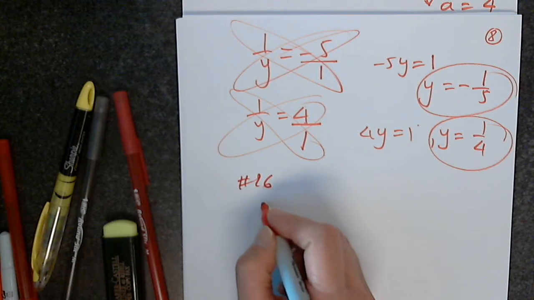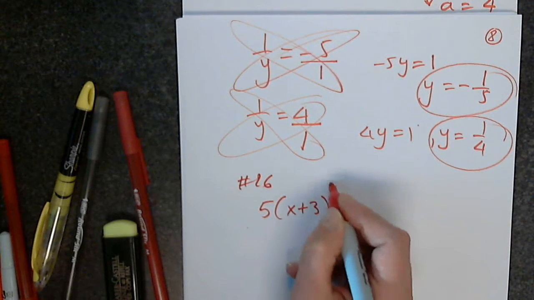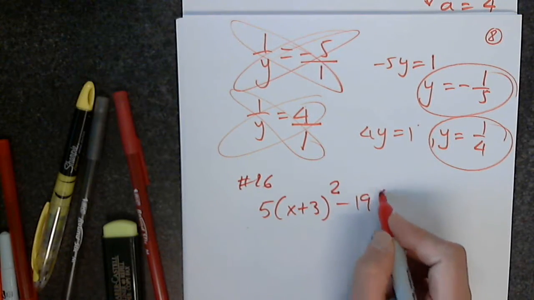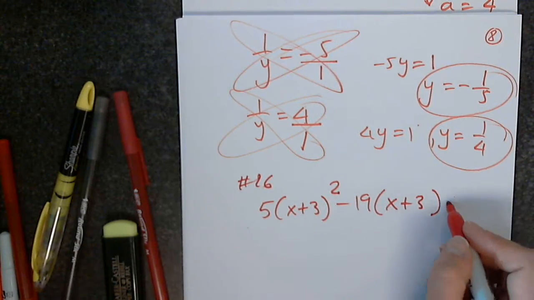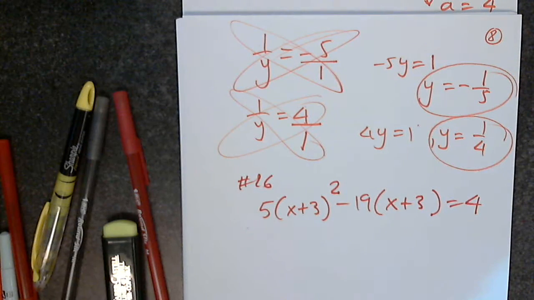Problem 5: quantity x plus 3 squared minus 19 quantity x plus 3 equals 4. 1 minute.